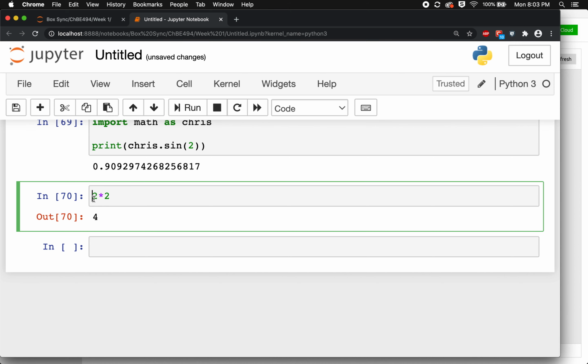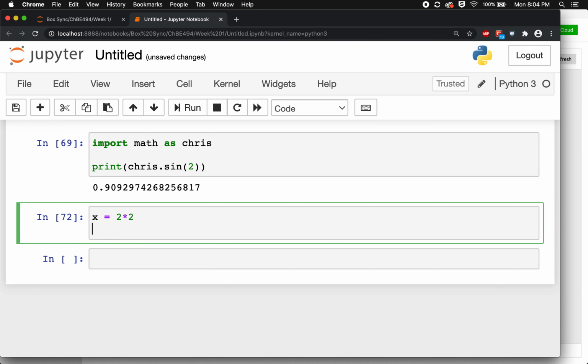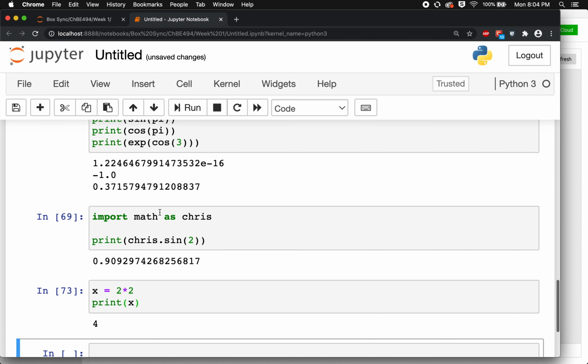But if I assign it to a variable, say x is equal to 2 times 2, it's not going to do that, because the operation is not simply to evaluate 2 times 2, it's to evaluate 2 times 2 and set it to the value x. And then if I want to print the x value, I will get the x value out of that.